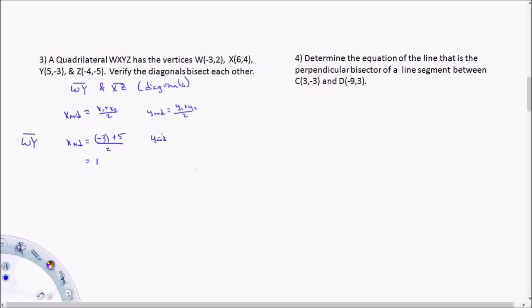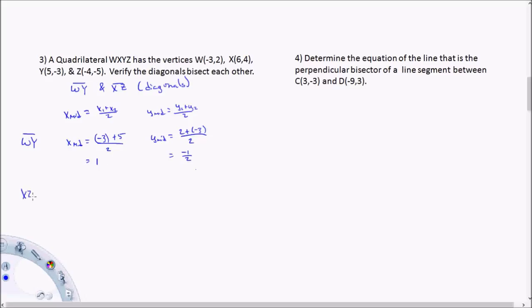The Y mid is located at the addition of the Y coordinates, for W which is 2 plus -3 for Y, and that's over 2. So we have 2 plus -3 is -1, over 2, which is -1/2.